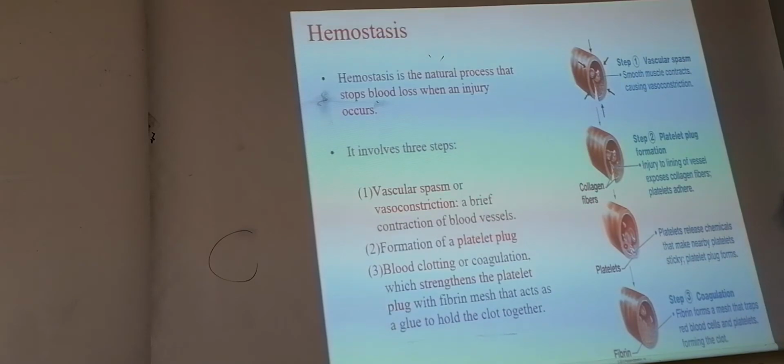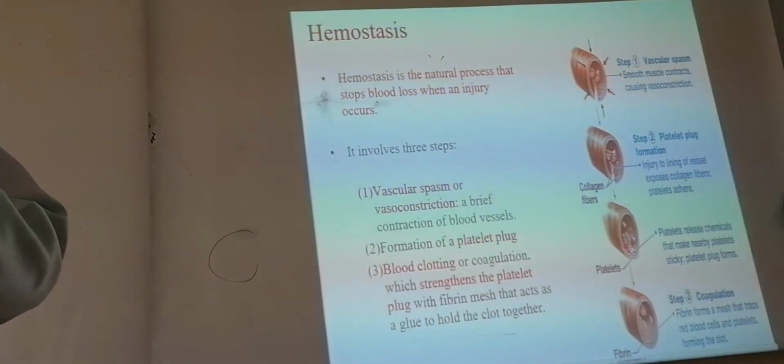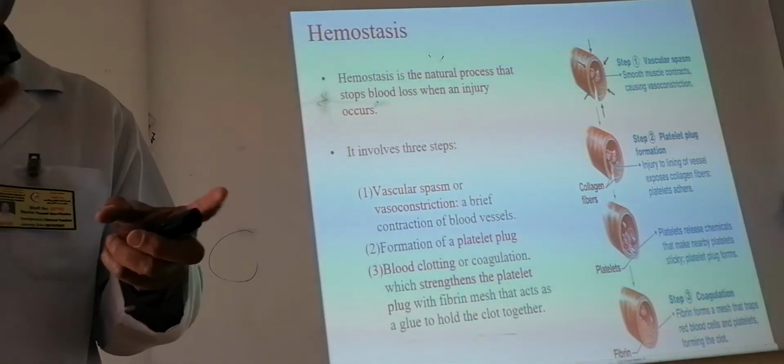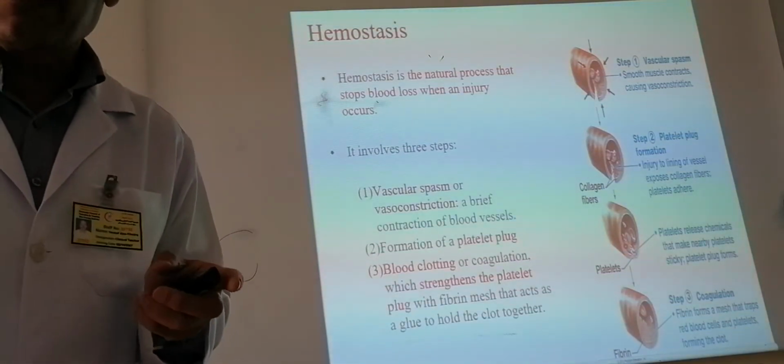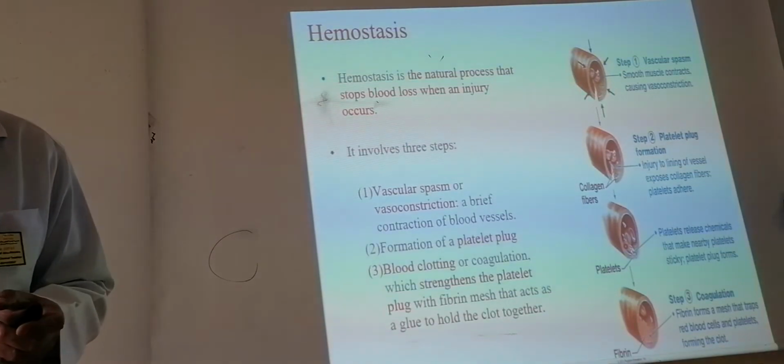Then the platelets release chemicals that make nearby platelets sticky, and they will form a platelet plug. The platelets that come to that injured part will stick to it. When they stick there, they will release a chemical substance.